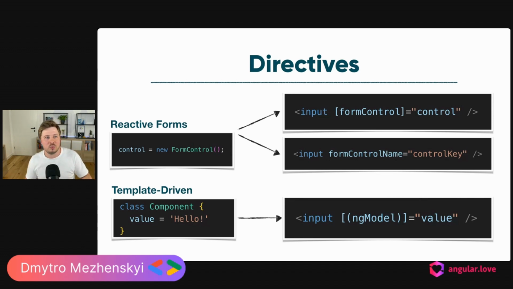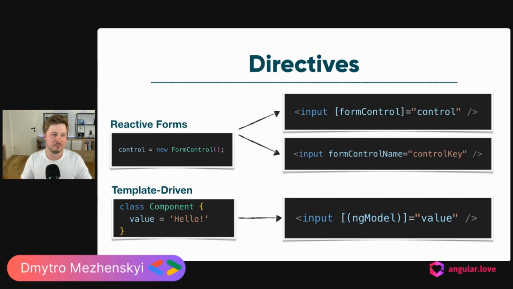A good example would be a search field in the header, which is a good example of a standalone form control because we don't need a whole form for that. And to connect form controls that are part of some particular form, we have the FormControlName directive, where we just provide the key of the model that we have to connect, and that's it.